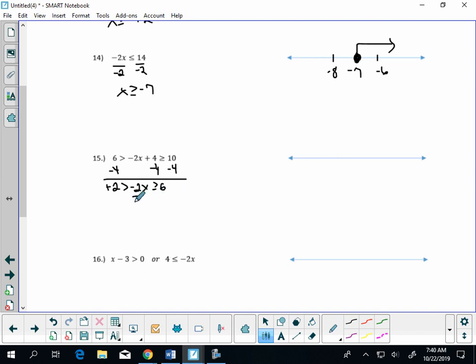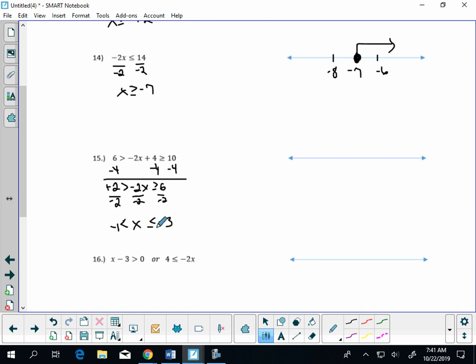Well, I need to divide everything by -2. And I get -1 is less than x less than or equal to -3. I remembered to flip the signs.